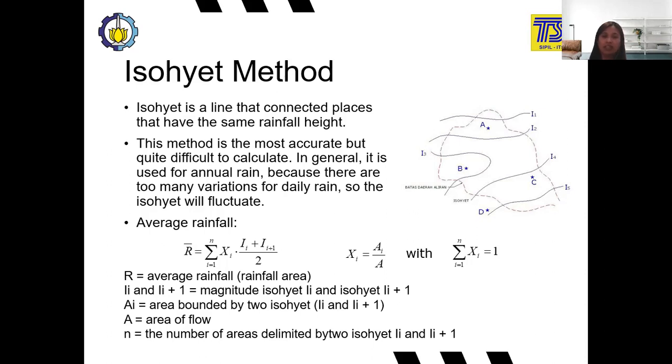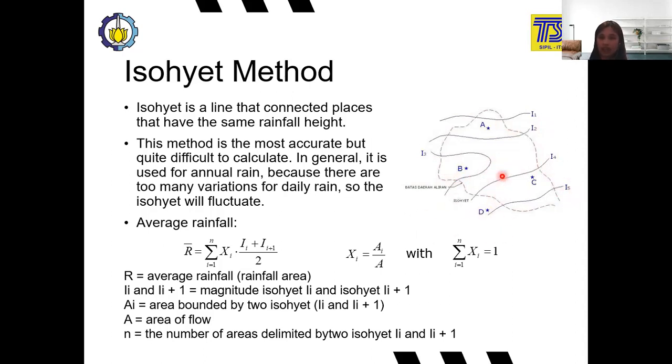The isohyet is a line that connects places that have the same rainfall height. For example, here we have stations A, B, and C, and D in the picture. And then we have lines. In the picture, we can see that there are lines 1, 2, 3, 4, and 5.